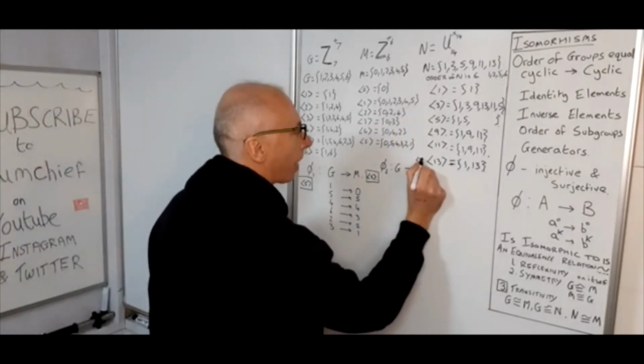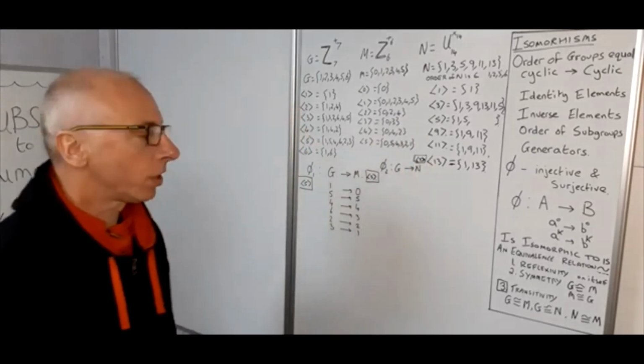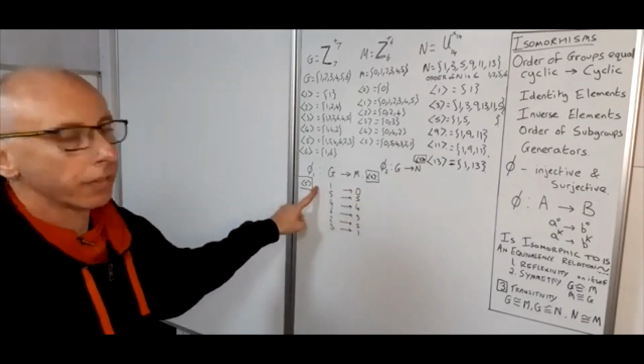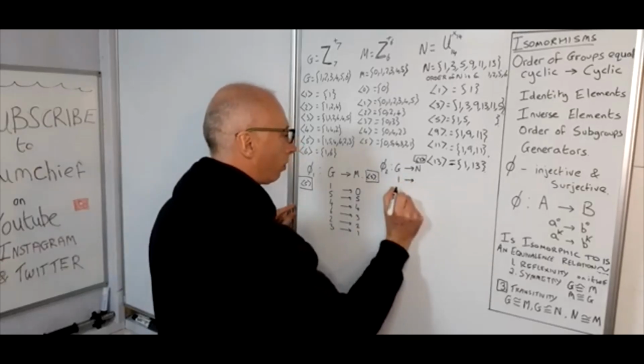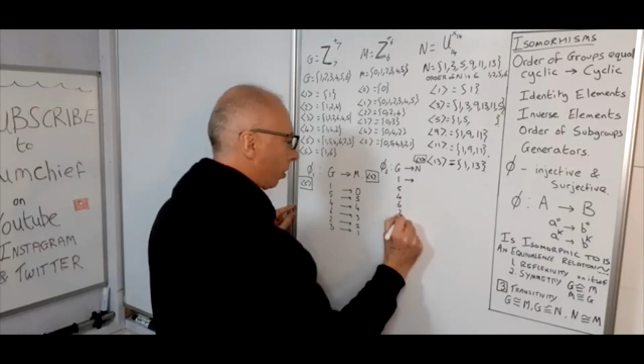So I'm going to use that there, in a little box just to remind us which generator we're using. And then G, we use the 5. So let's write down these elements here as well. So 1 will go to something, 5, 4, 6, 2 and 3.